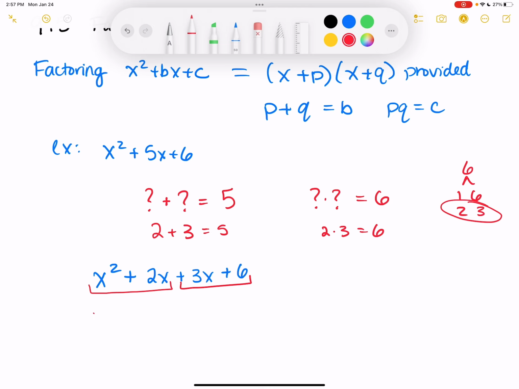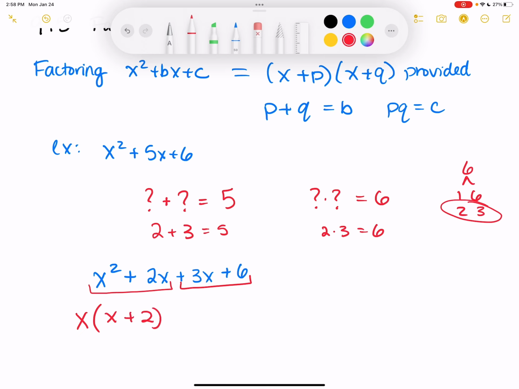So I take out an x. So I've got my x. And then what am I left with just in this piece? If I take an x out, what am I left with? A singular x and x plus 2.